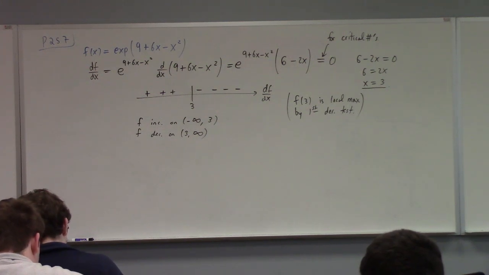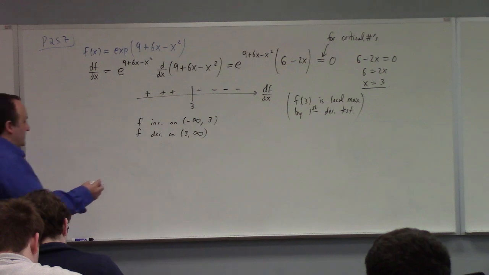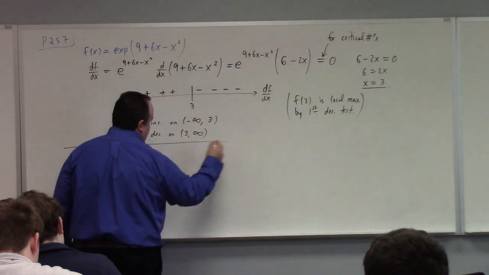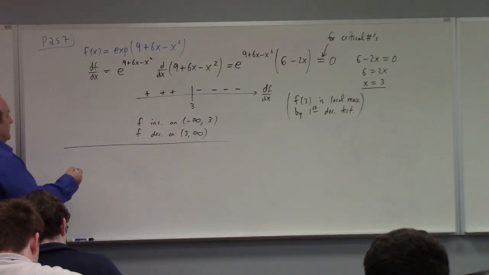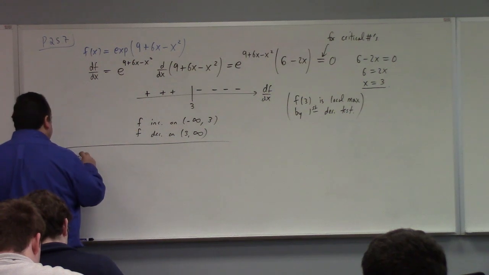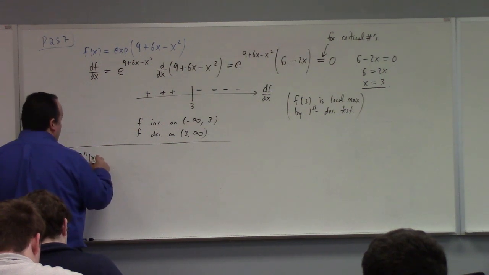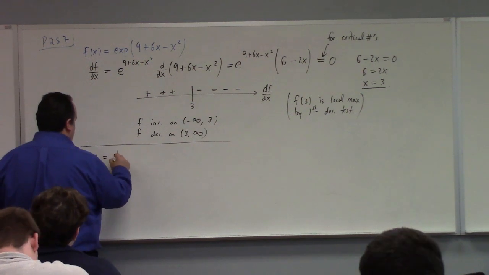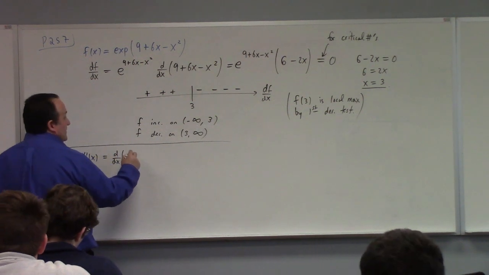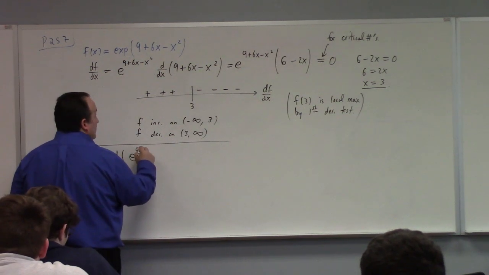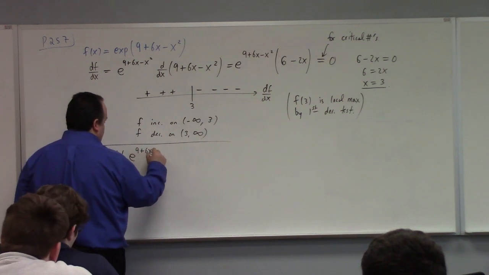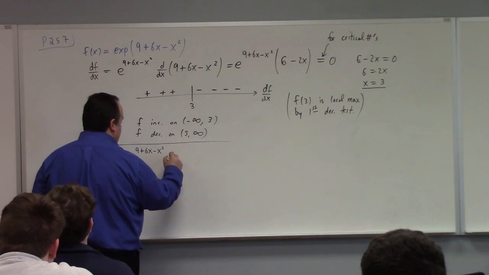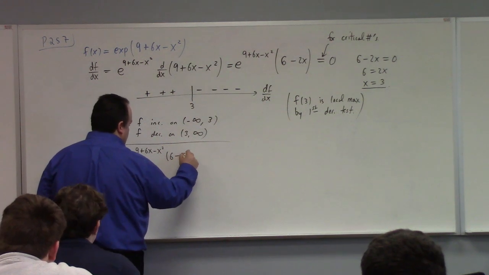So we have to differentiate again. Concave up and concave down are given to us by the second derivative. So what is f prime prime? We have to differentiate with respect to x e to the 9 plus 6x minus x squared times 6 minus 2x.